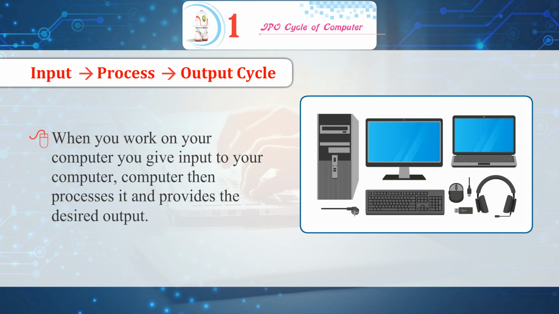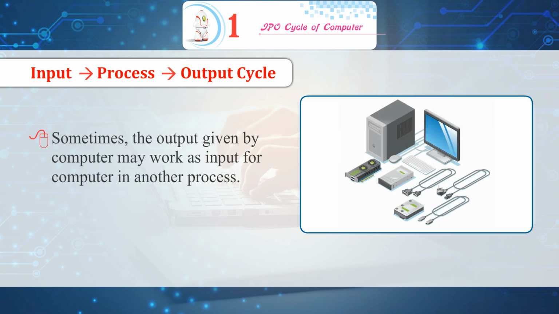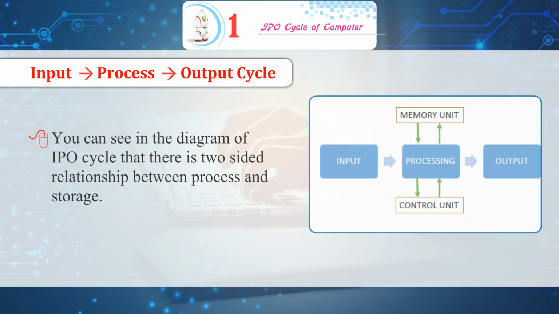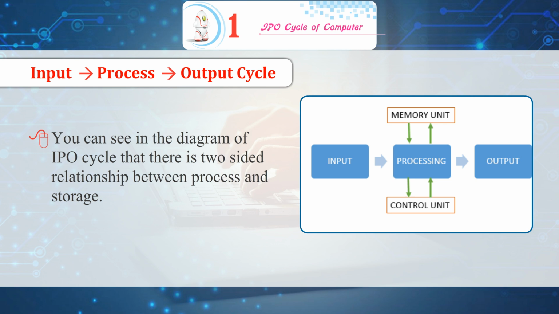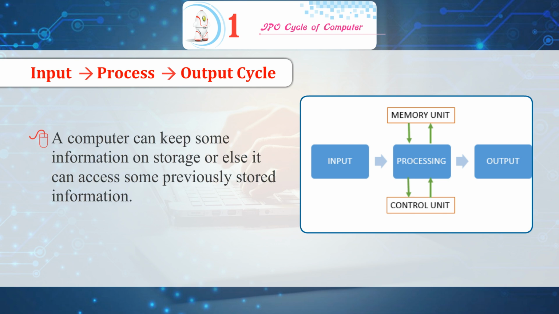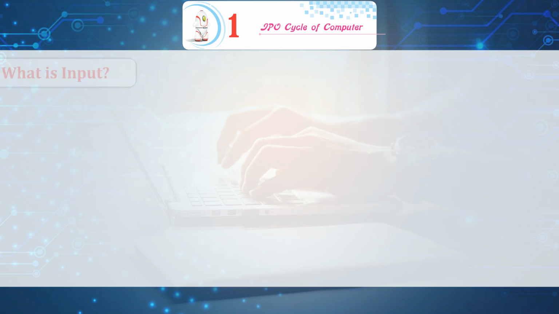The computer then processes it and provides the desired output. Sometimes, the output given by the computer may work as input for the computer in another process. You can see in the diagram of the IPO cycle that there is a two-sided relationship between process and storage. A computer can keep some information on storage, or else it can access some previously stored information.